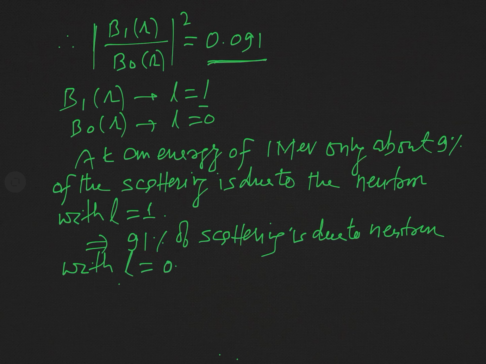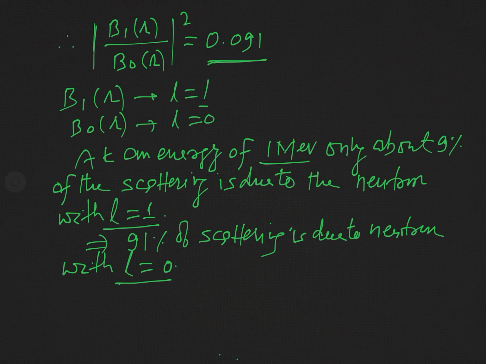So if we keep the energy of the neutron at a value almost equal to 1 mega electron volt in the laboratory system, then we will find that the most dominating scattering is only due to the neutrons having L equal to 0, and the scattering with L equal to 1 is almost negligible in comparison to the scattering of neutron for L equal to 0.